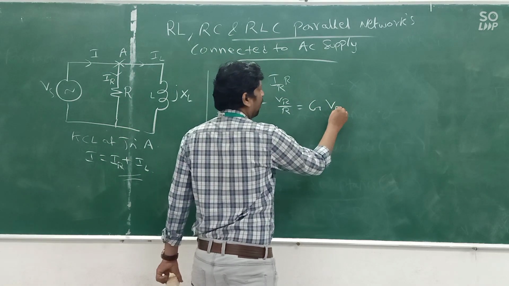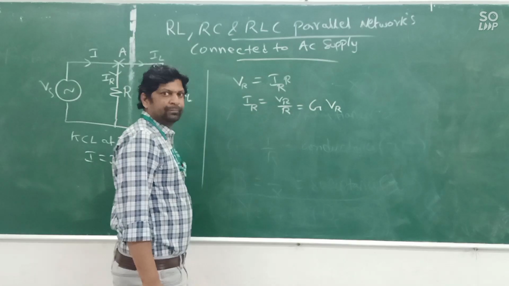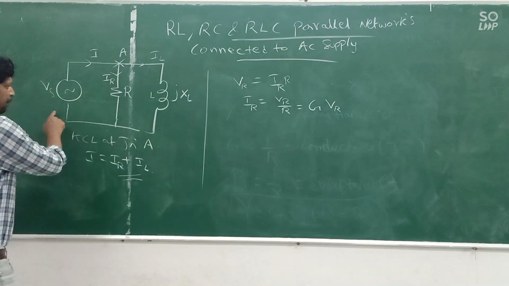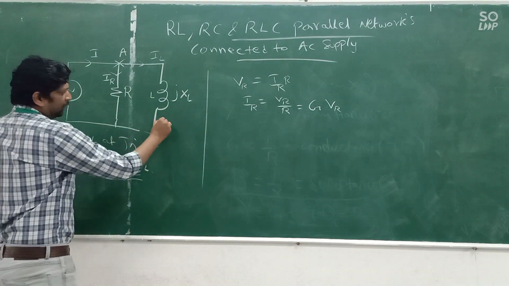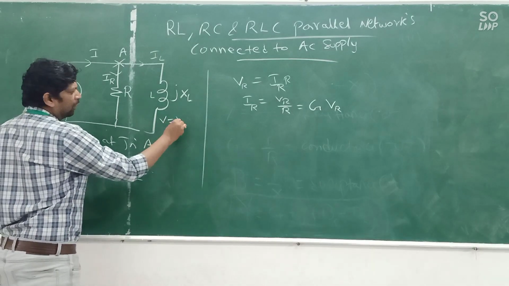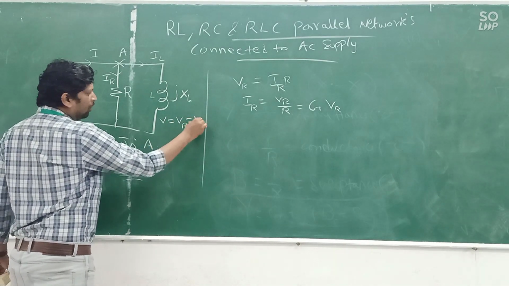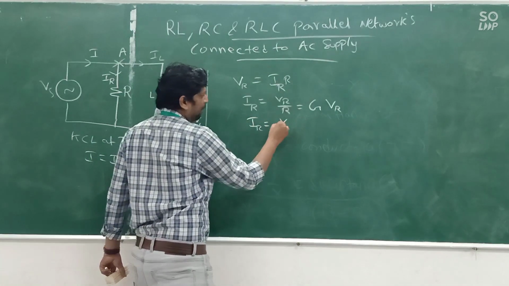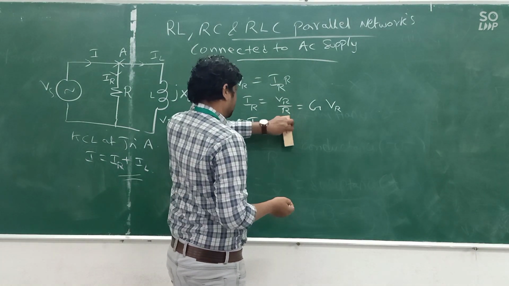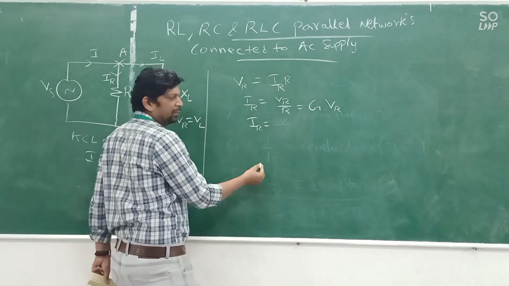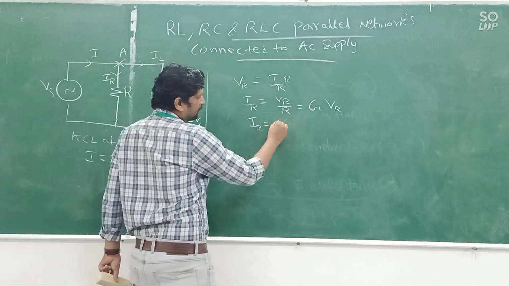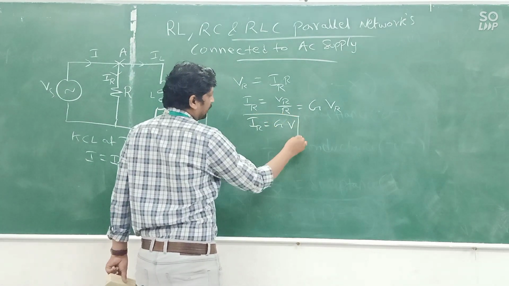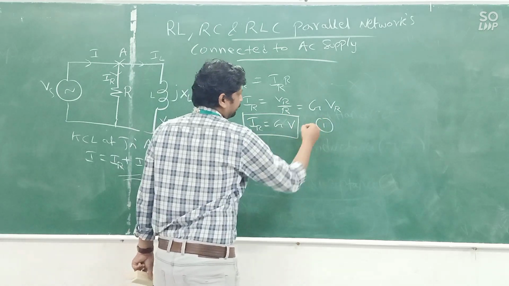G into VR. As we know that in parallel branches voltages are equal, so V is equal to VR is equal to VL. So I can write IR is equal to G into V. This is our equation 1.